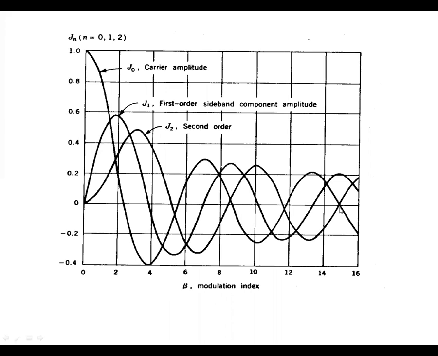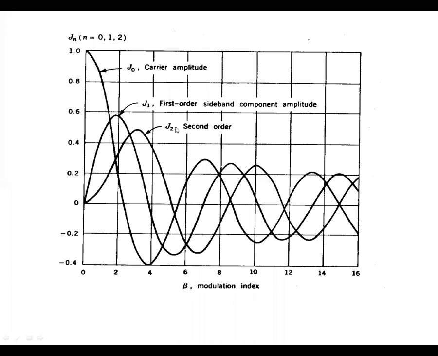And J1 is the first harmonic, a sideband component. J1 is the first sideband, the first order harmonic.